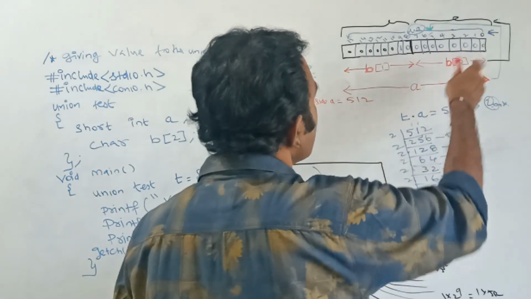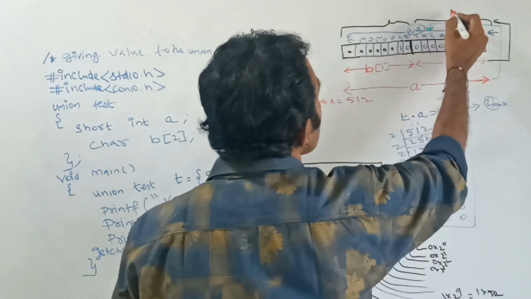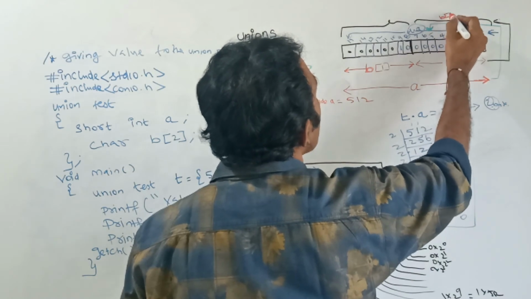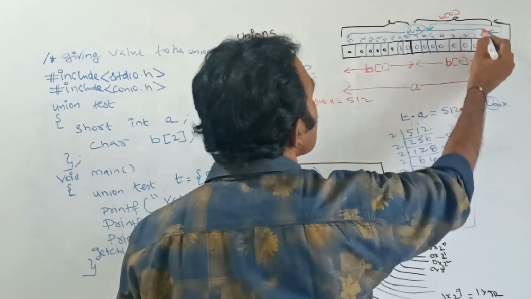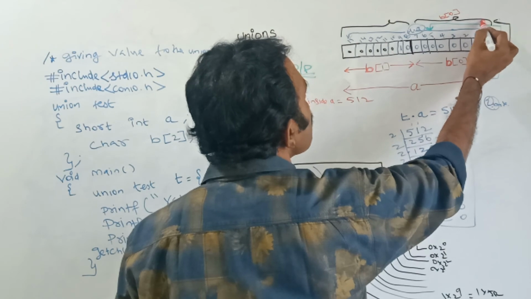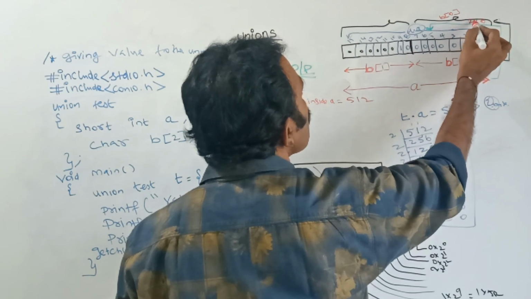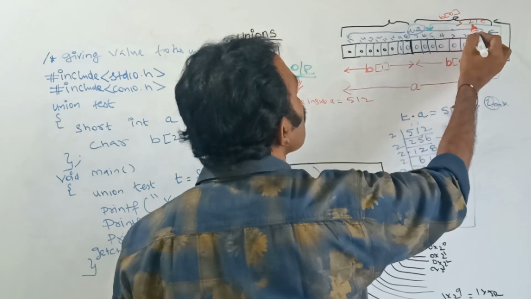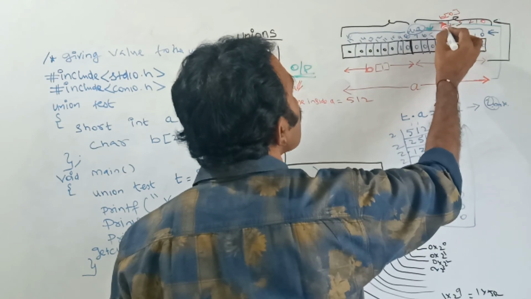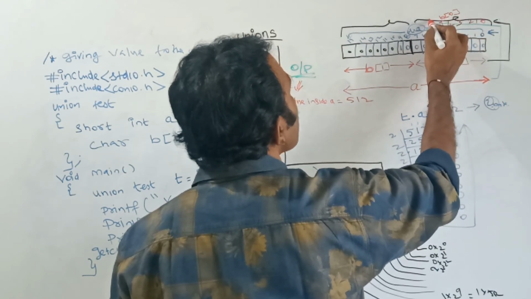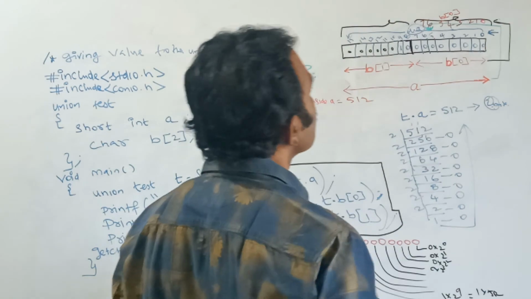Here for B of 0, the value starts from this bit, with values 0, 1, 2, 3, 4, 5, 6 and 7.